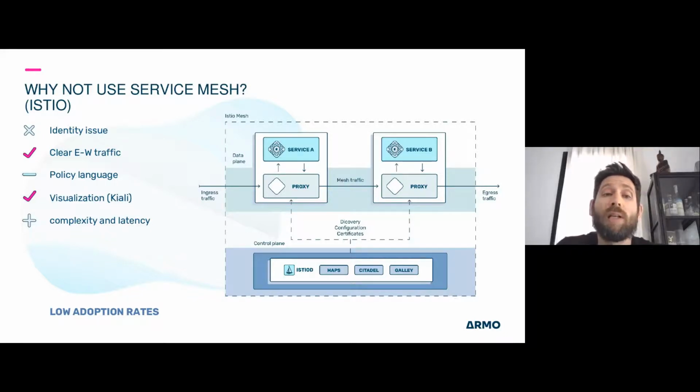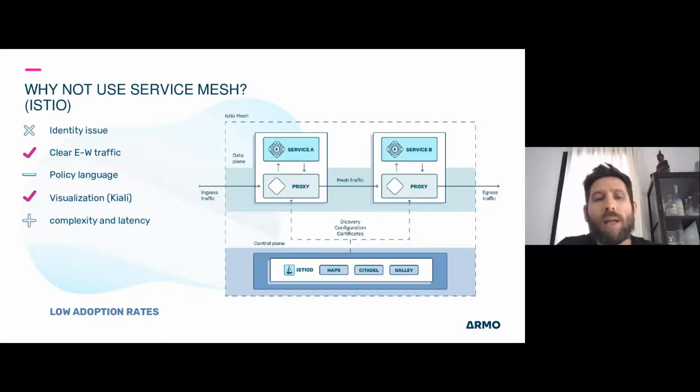It does solve the clear east-west traffic. Now the traffic is fully encrypted using mutual TLS, which is great. It didn't change the policy language. For layer 3, it's the same policy language, and it just adds a layer 7 policy language.